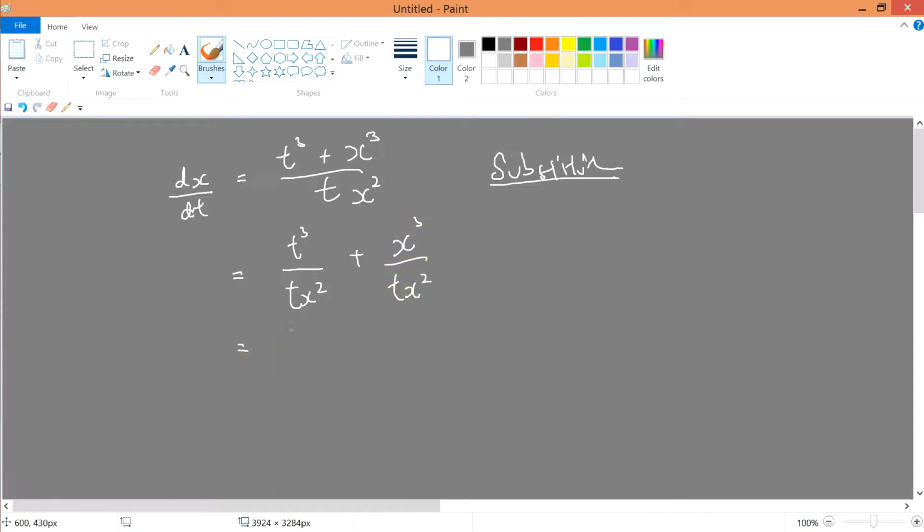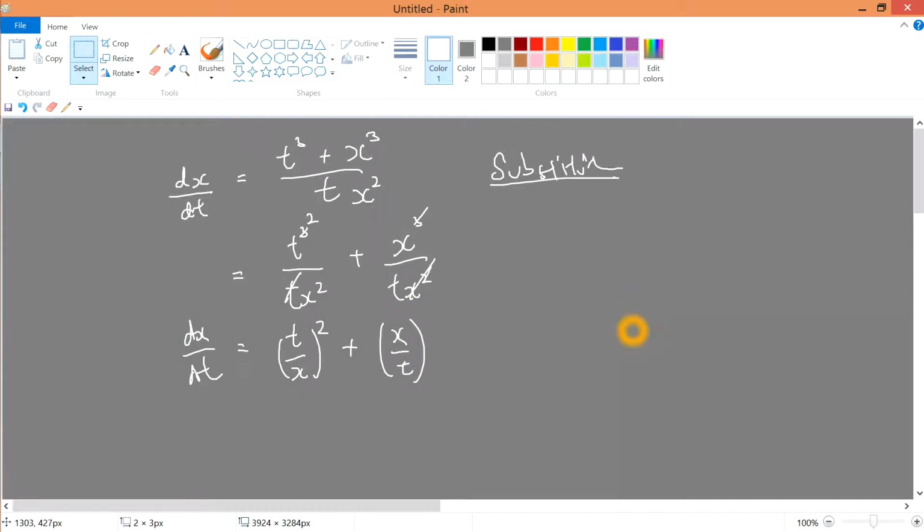The t will cancel out with this, it will become t squared. I will have t over x squared plus, if I cancel all this, just x over t, which is dx/dt. So you have this one.